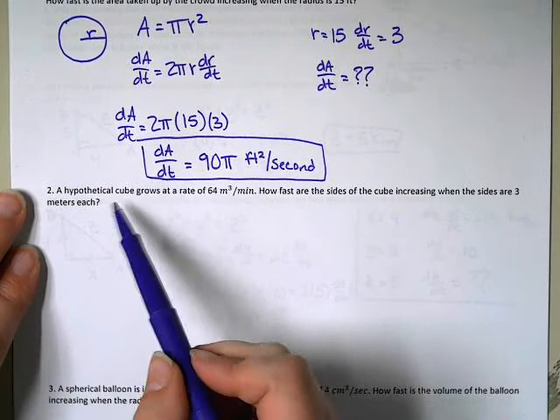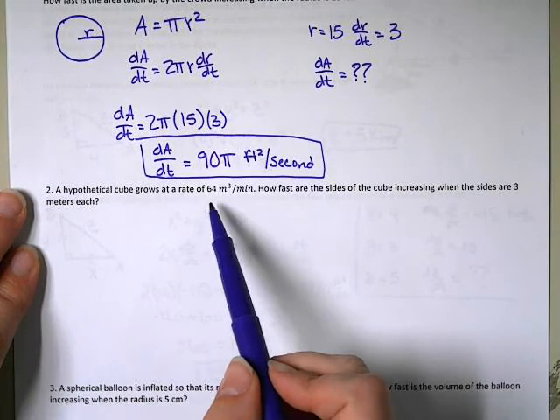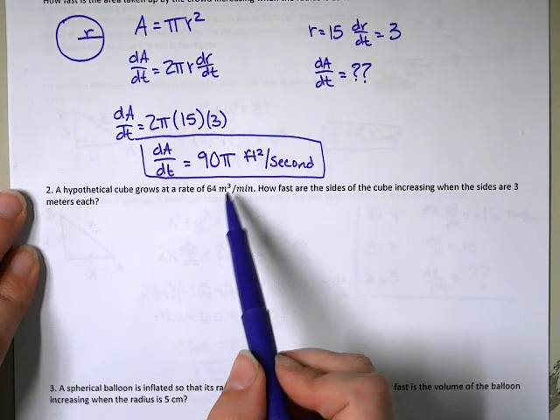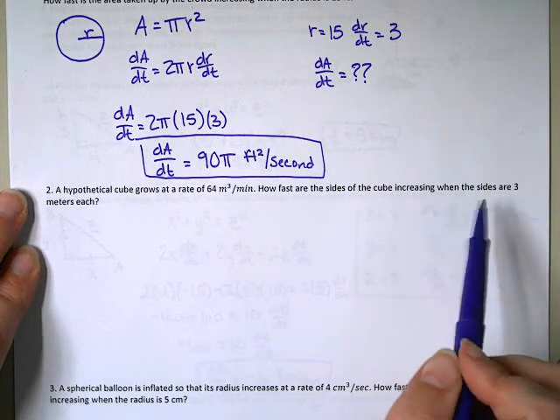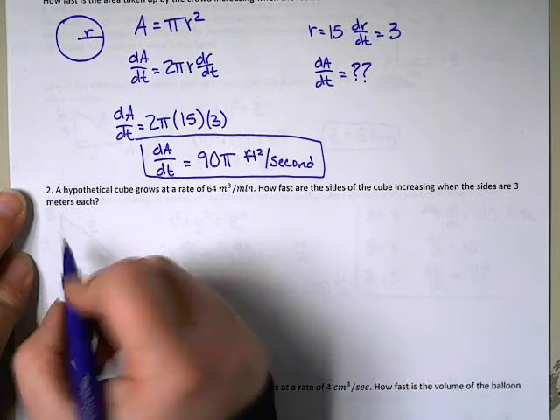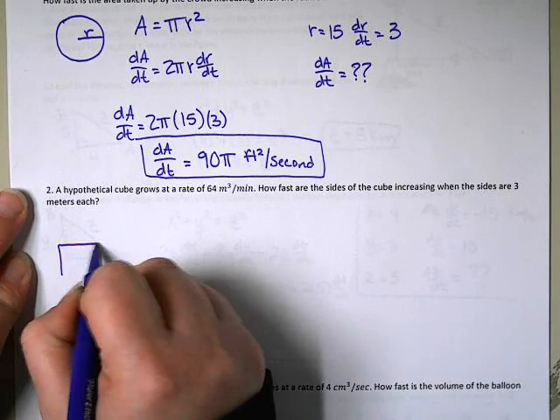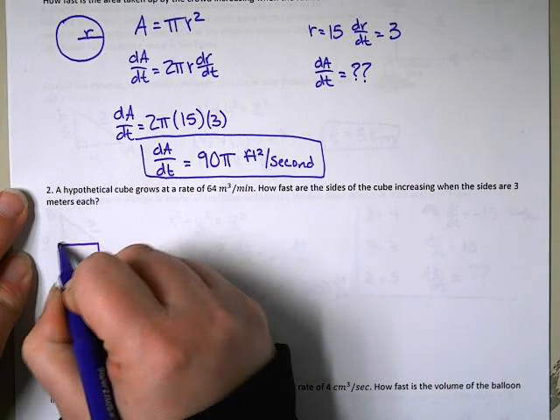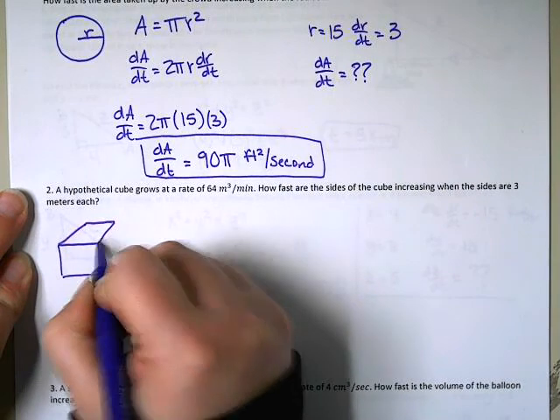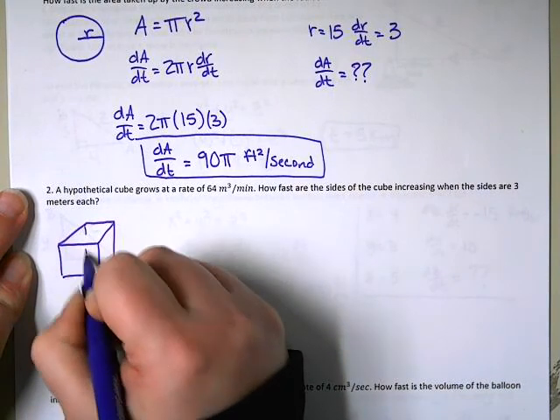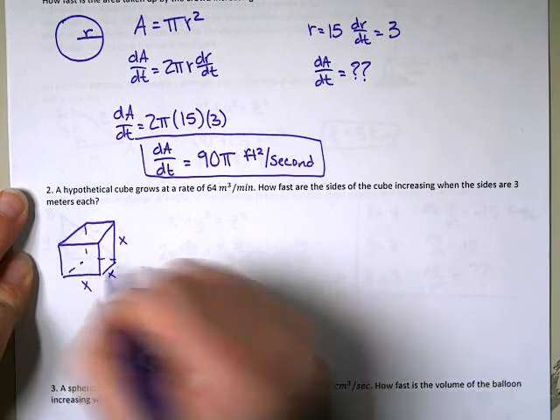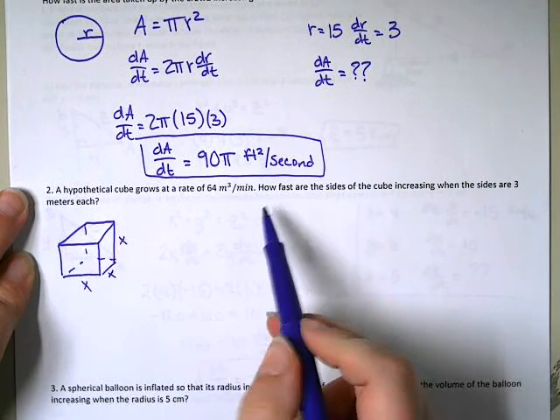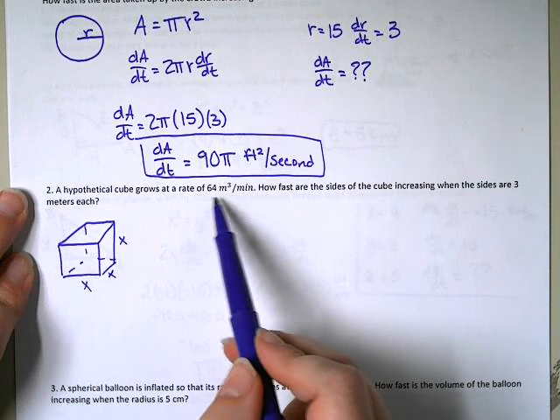All right, then we've got this cube growing at a rate of 64 cubic meters per minute. How fast are the sides of the cube increasing when the sides are 3 meters each? So we're going to draw a cube. And we know that every side is x. And we're looking at 64 meters cubed.